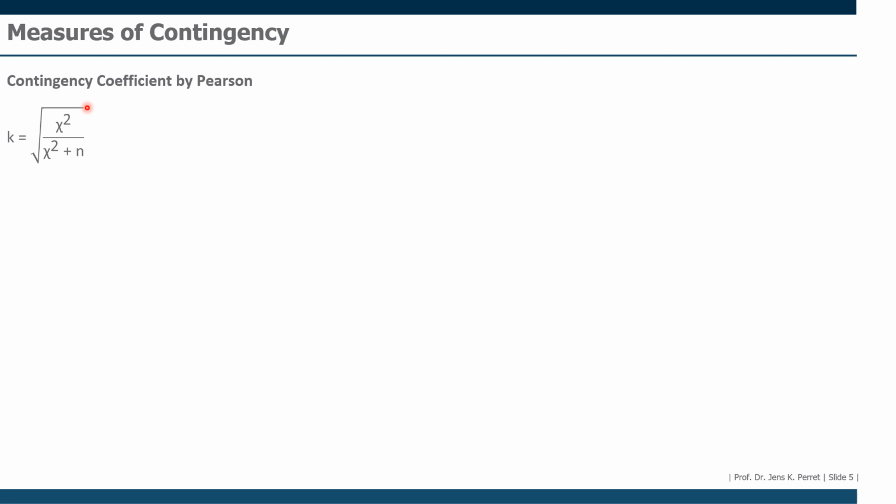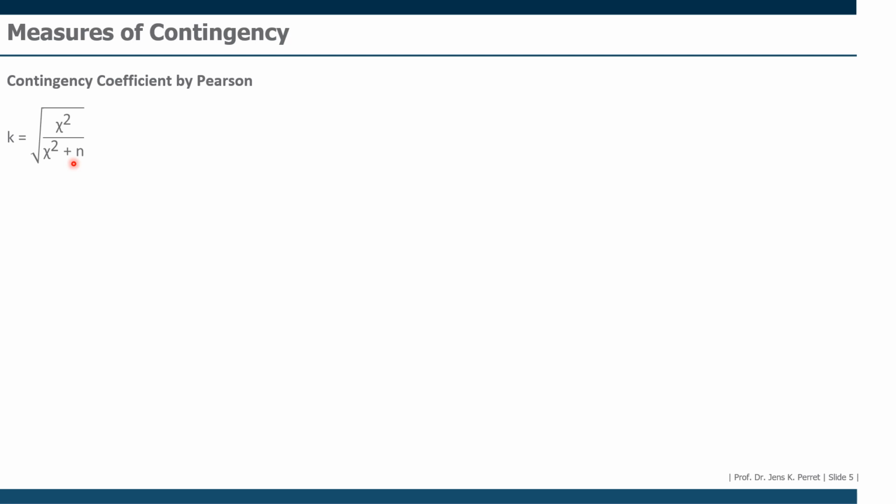Chi-squared could take any positive value or 0. The contingency coefficient is limited by a much smaller value, and it considers the number of observations. So it corrects in this way for the number of observations.